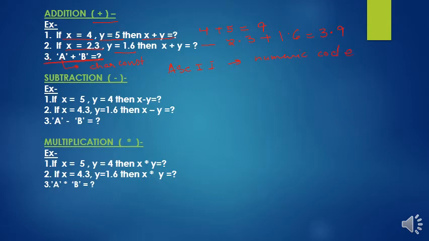So the numeric code of A is equal to 65 and the numeric code of B is equal to 66. So then it adds 65 plus 66. The answer will be 131.